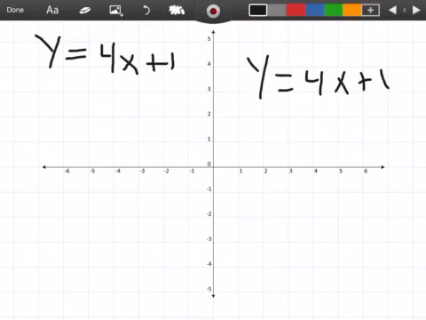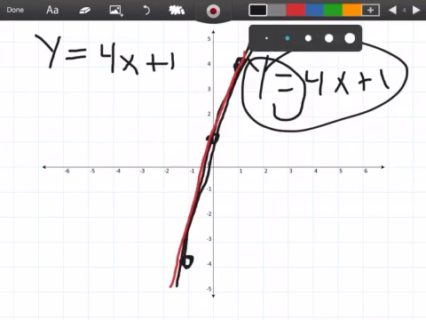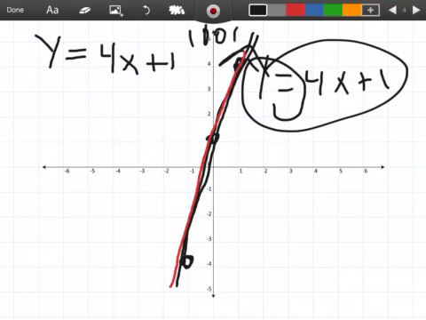So if we plot the points for this equation, and do the same for the other, the line is in the exact same place. That means the lines coincide, and since the line is infinite, it can continue to a billion, let's say 1,000, so that means there is an infinite amount of solutions.